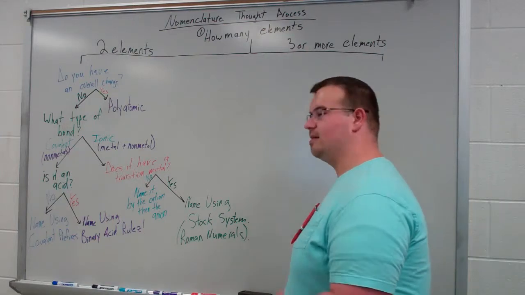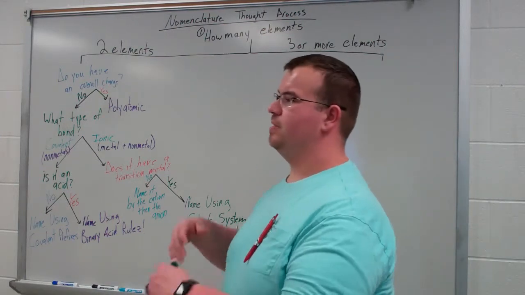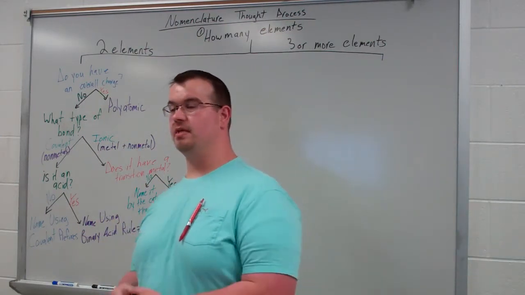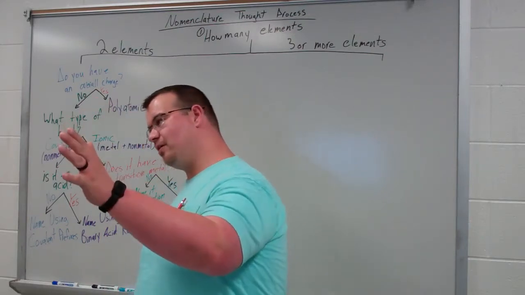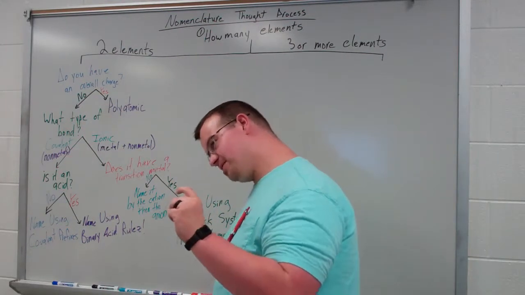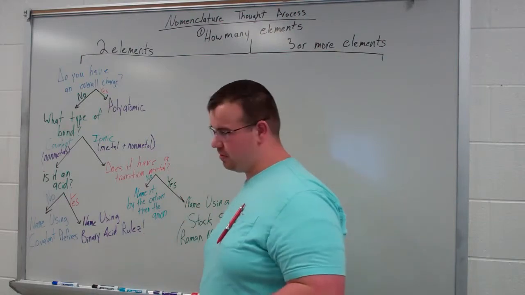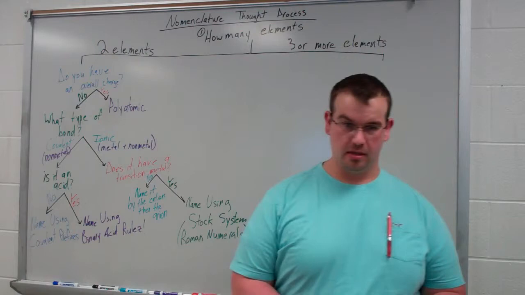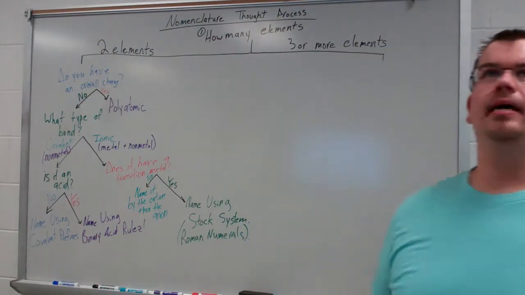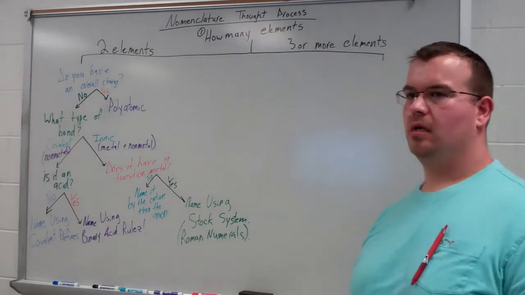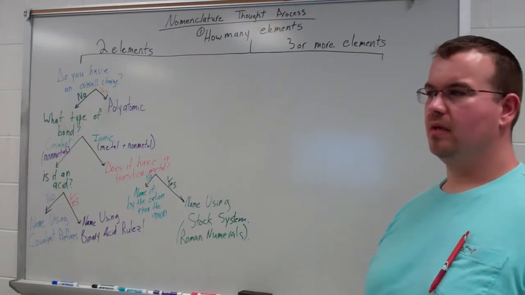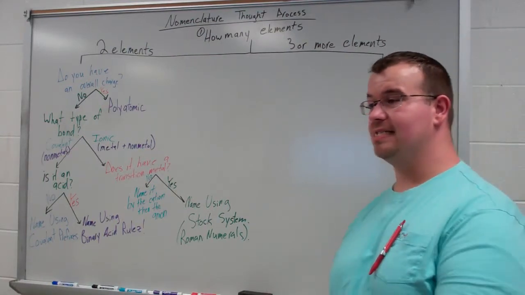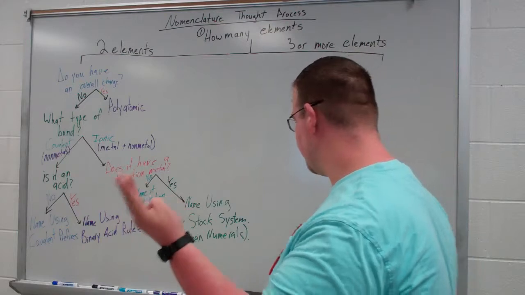Why do we use the stock system? Why do we have those Roman numerals within those parentheses? Because out of all those transition metals, they can carry multiple different charges. You can have iron 2, iron 3, copper 1, copper 2. All of them can, except for 3.